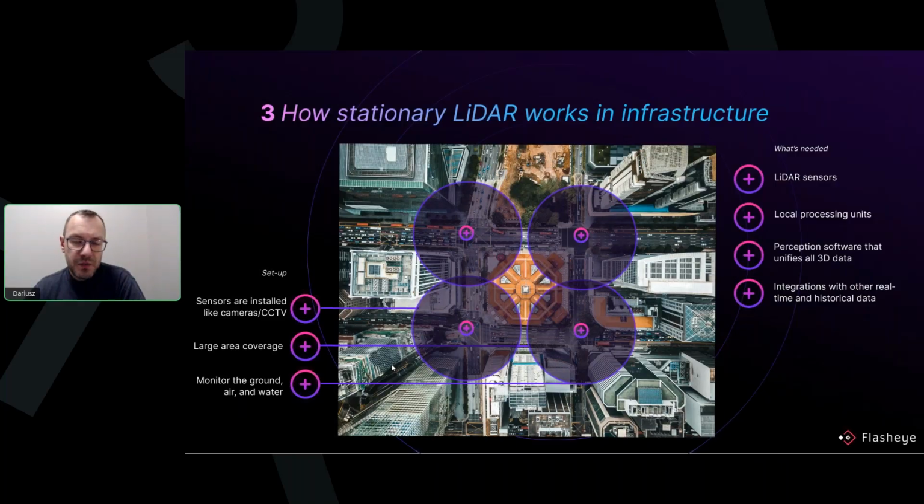So the data is processed locally and only the exchange of information happens on the metadata level, because those are gigabytes of data, and to transfer it is completely unnecessary. You can have a small computer next to the LiDAR which does all the processing and shares only important metadata or information which is necessary for this kind of application.